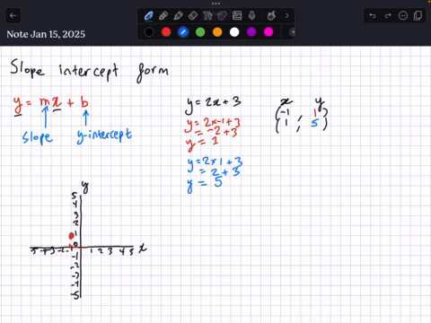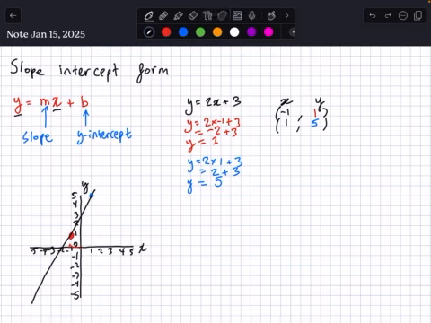We go 1 in x, and we go 5 in y, which takes us to this point. And we can now draw a line through these 2 points to make the graph. And so this graph is representing this equation.